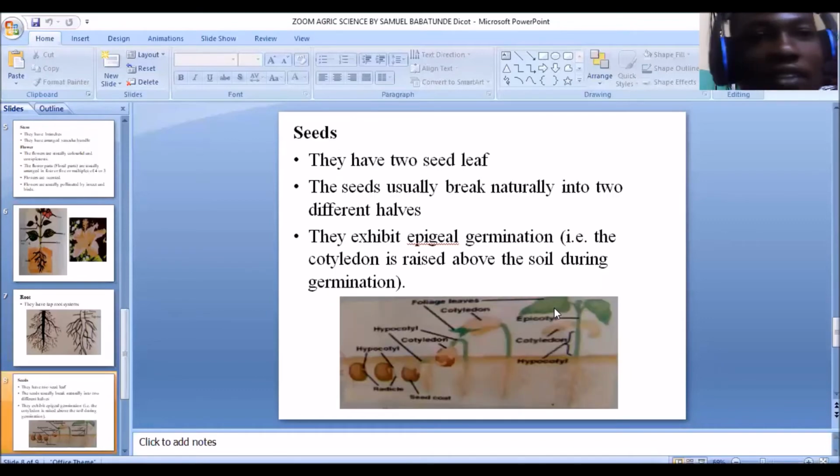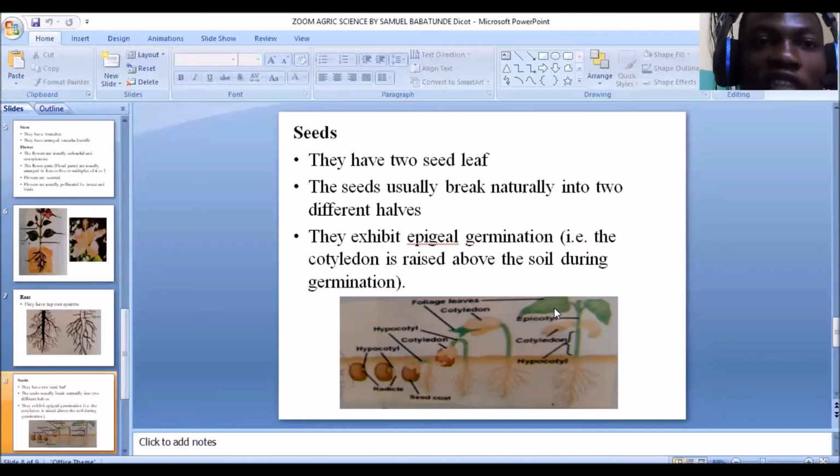Now let's go to the seeds of a dicot plant. When you see the seed of a dicot plant, you observe that they have two seed leaves. Like we know, a dicot plant is called a dicot plant because it has two seed leaves, that is, two cotyledons.